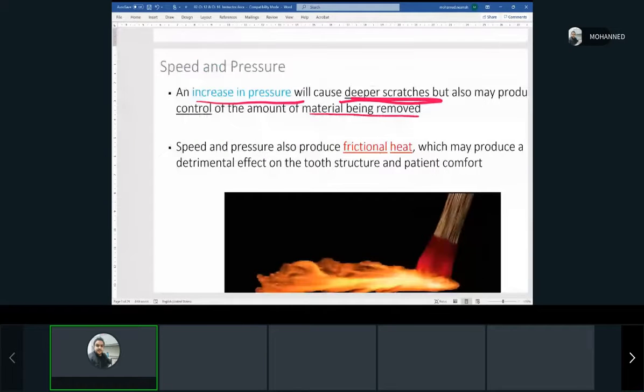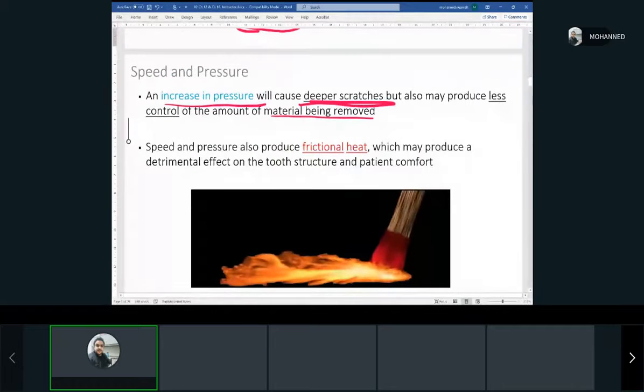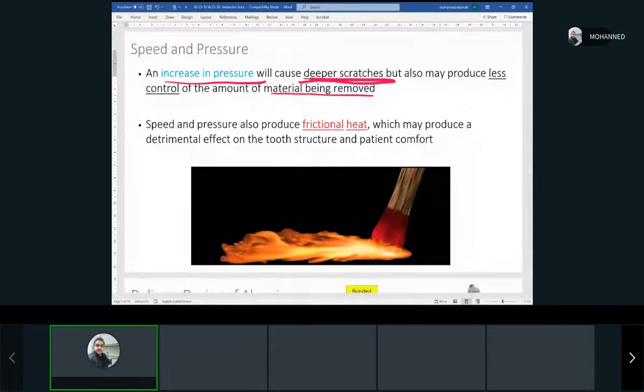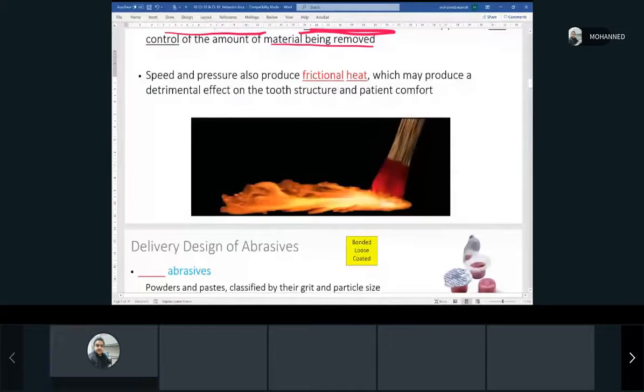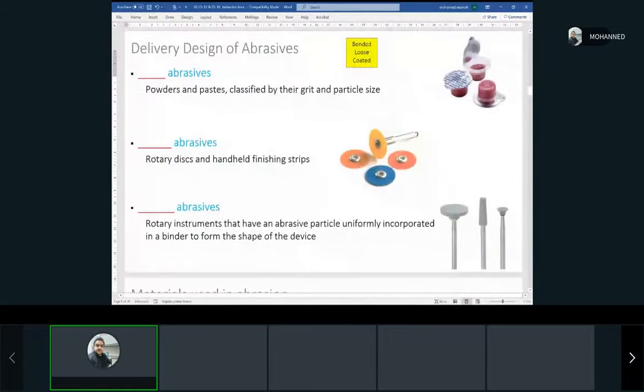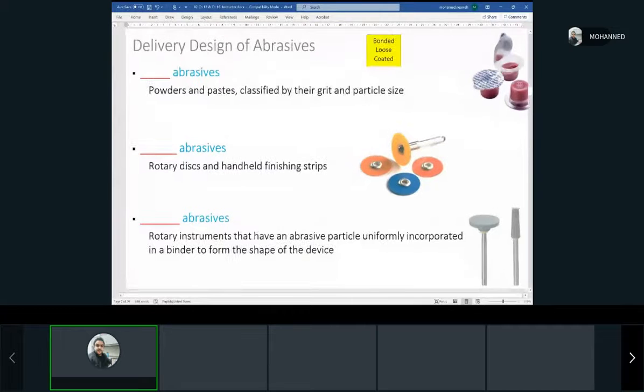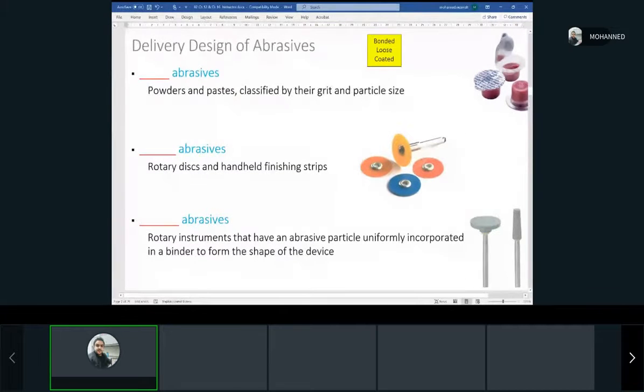Again, a lot of these things are common sense and not a lot of deep information. We're just getting to know the materials that we're using. We have different systems to deliver these abrasives. How can we use these abrasives in the mouth? We have bonded, loose, and coated abrasives.